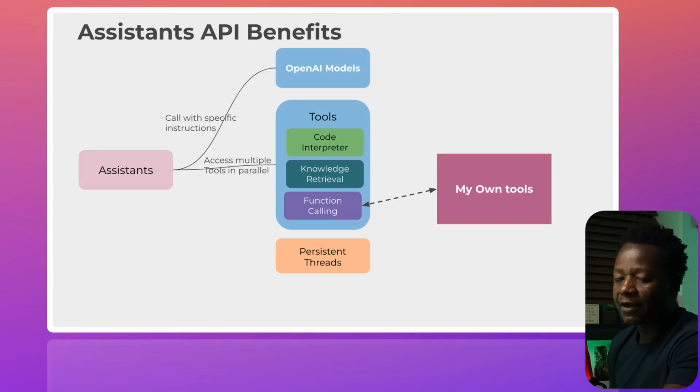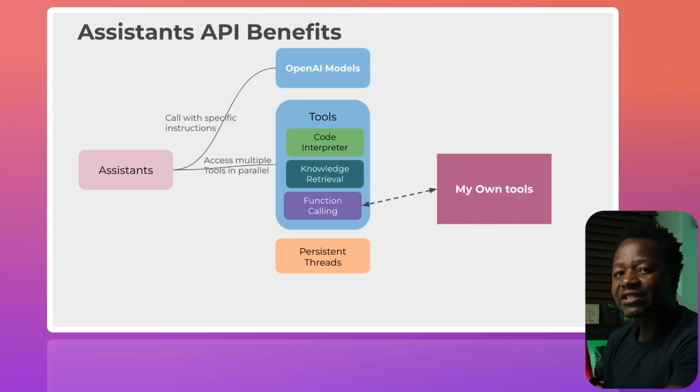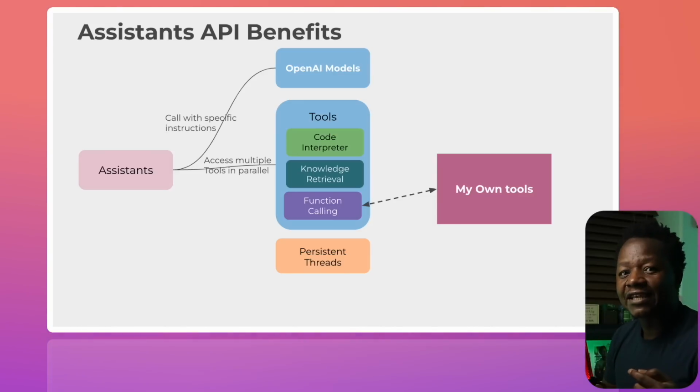And along with everything that I said, we have these persistent threads. The threads, we'll talk about in a second here, allow us to have these messages that are being saved in our conversation. And so those are saved for context, which is huge because remember, all large language models don't have a concept of saving history per se. So they're stateless.